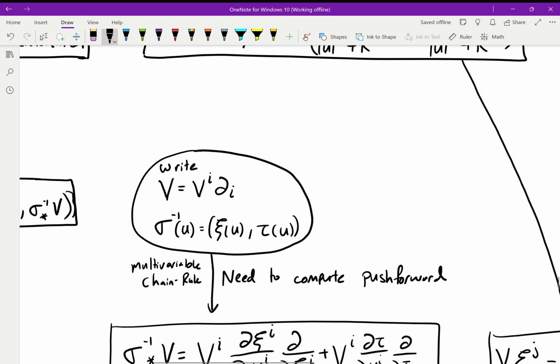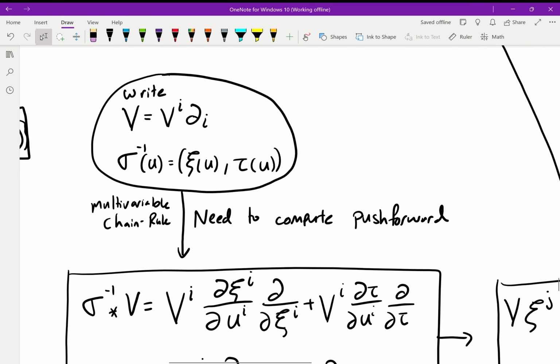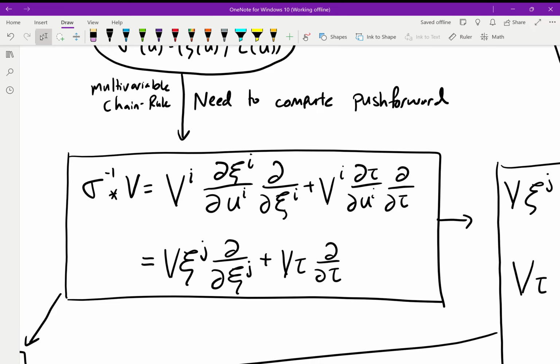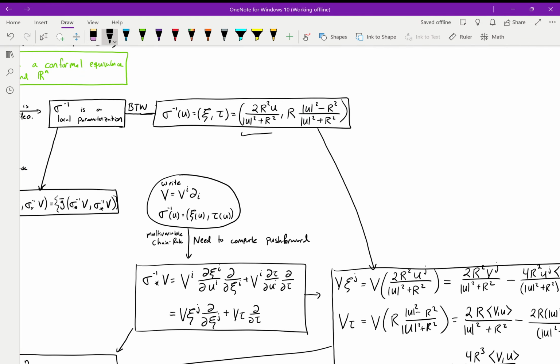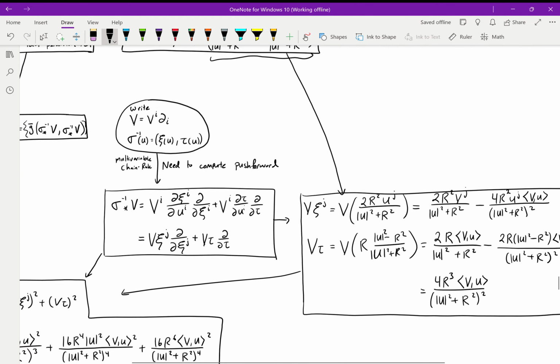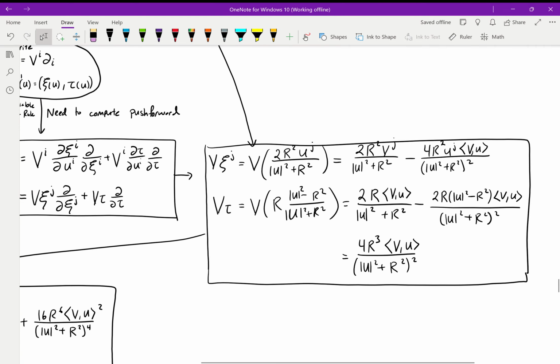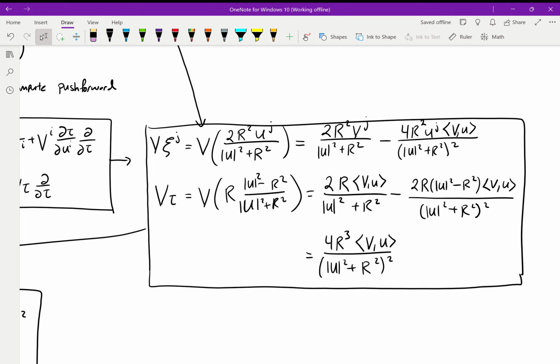Now a cloud of computations ensues. We can write V in local coordinates, and you can write sigma inverse of your point in terms of functions xi and tau. By the multivariable chain rule, combined with what these things are equal to up here, you'll see that V xi j and V tau equal these monstrous equations.